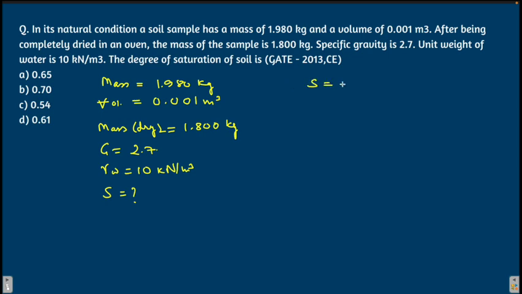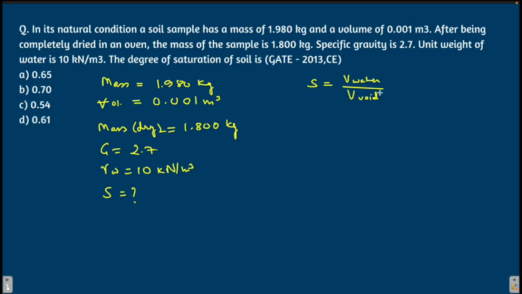So first is degree of saturation. Degree of saturation is volume of water to the volume of voids. So out of total voids, how much percentage of voids is filled with water, this gives you degree of saturation.